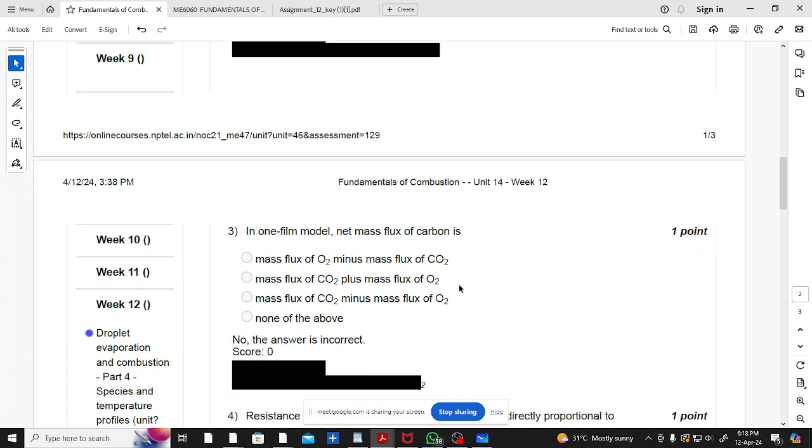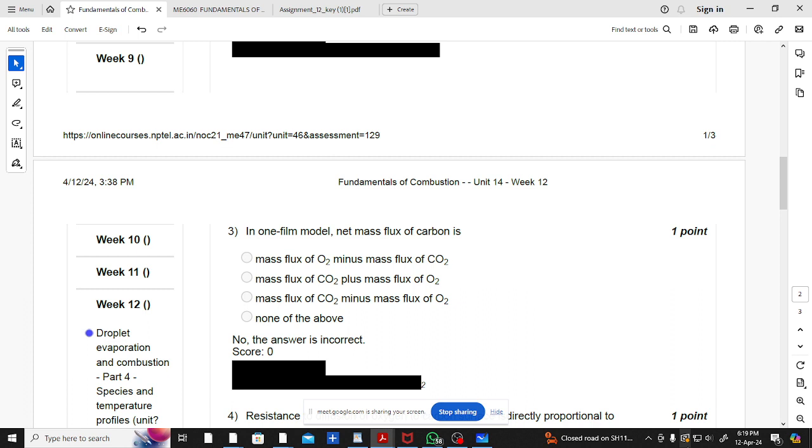So in one film model, the net mass flux of the carbon is the mass flux of CO2 plus the mass flux of O2. That's what you are saying. Yes, sir.